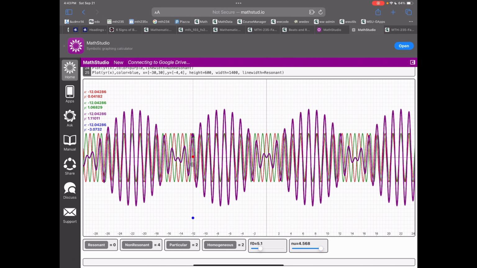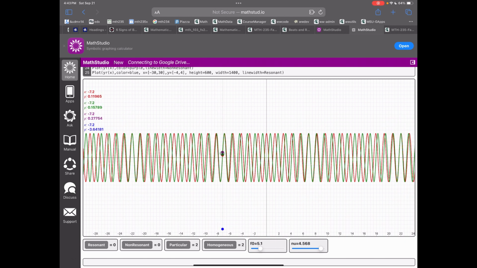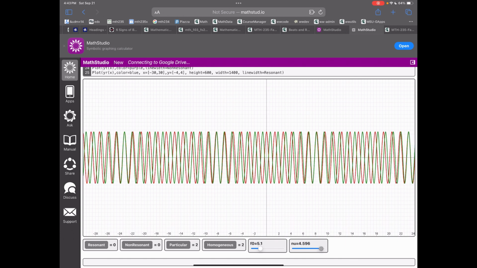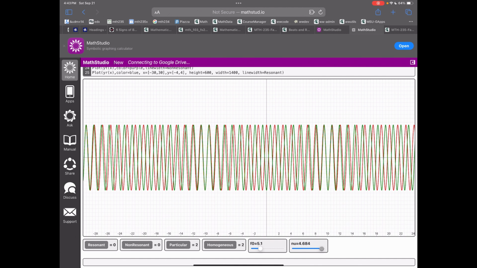This always happens when you add two frequencies with the same amplitude, and one frequency is slightly different from the other. The closer we get, the bigger the addition, and then they go to 0.